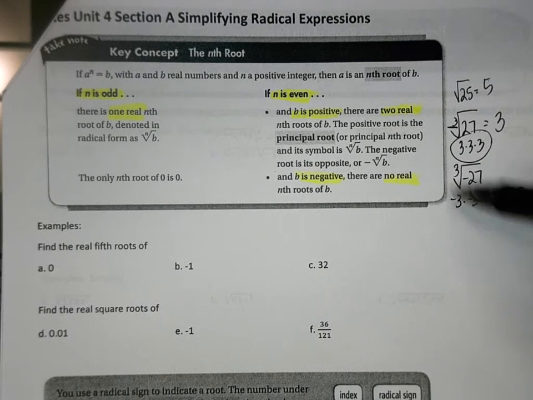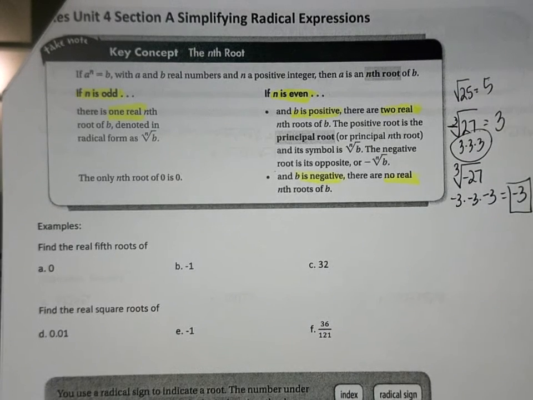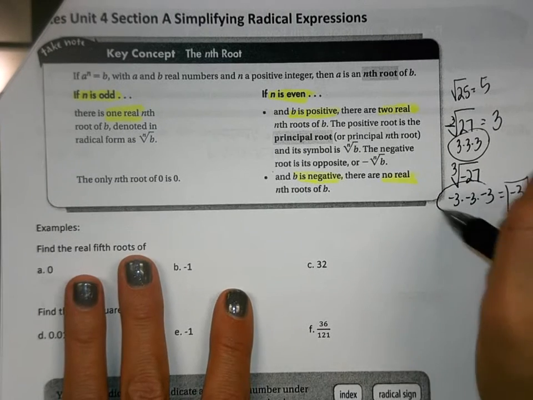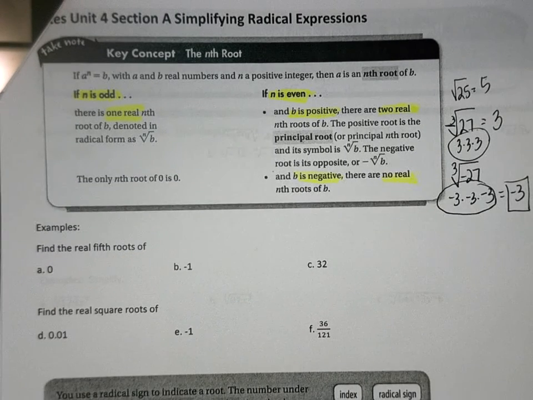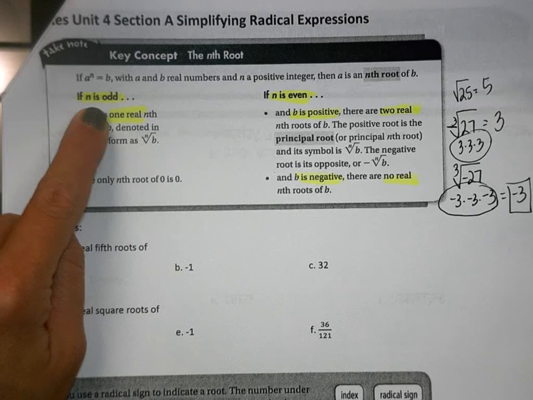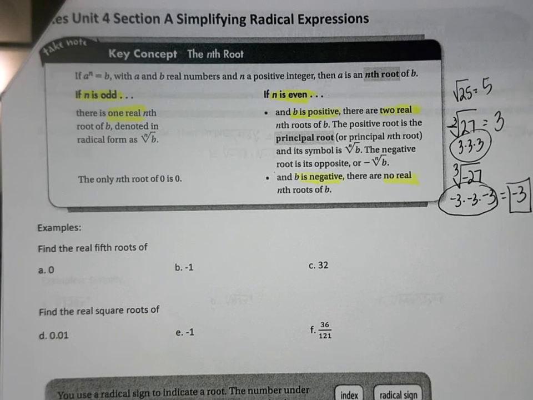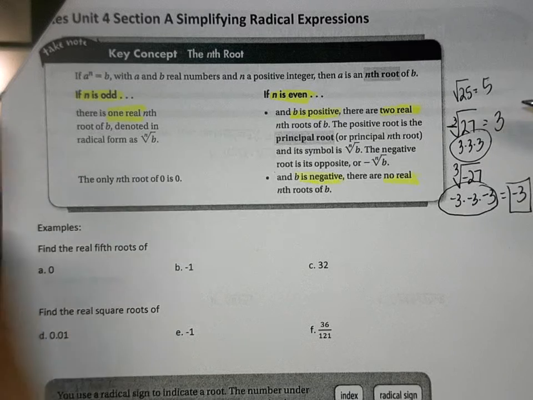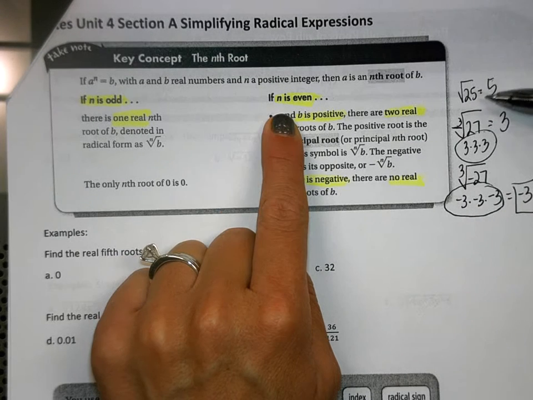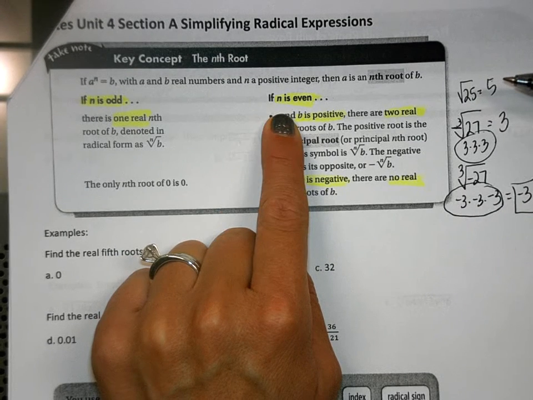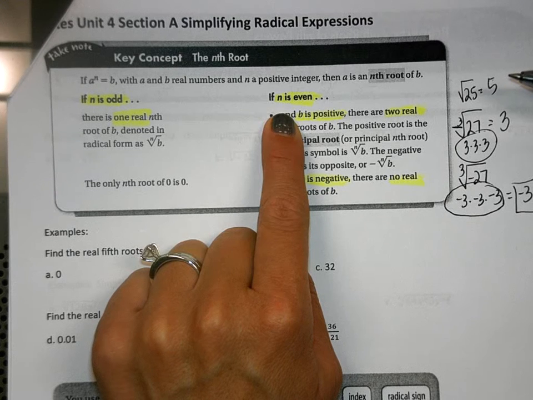So the cubed root of negative 27 is negative 3, because you have a group of negative 3's. If n is odd, your answer could be a positive or a negative number. But when it's even under the root, it has to be positive, otherwise it's not real. Is that clear?